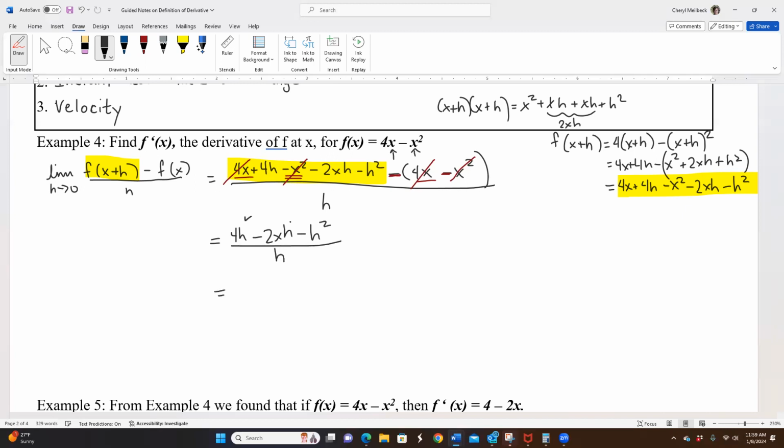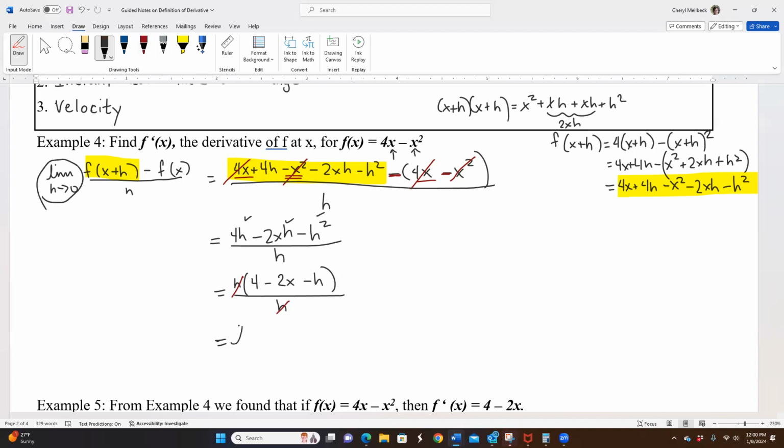Now we'll notice that there is an h in each of these terms that can factor. So we do that. Now the h's that are being multiplied in the numerator cancel. This leaves us with, we do want to take the limit here.